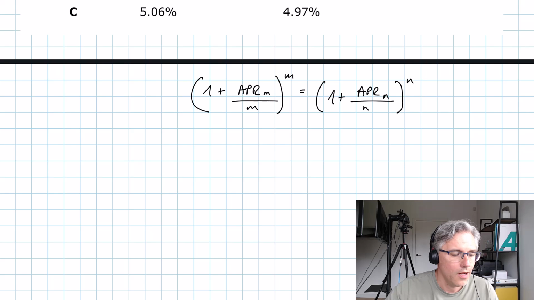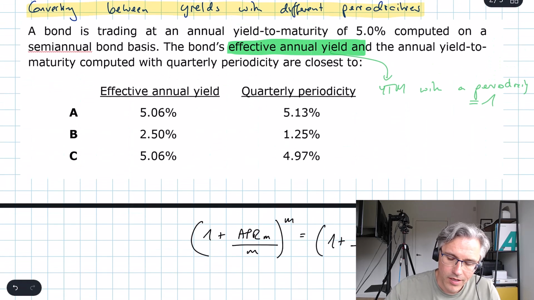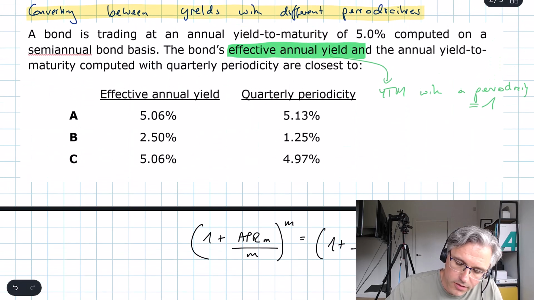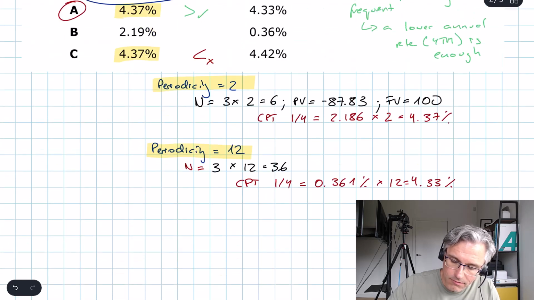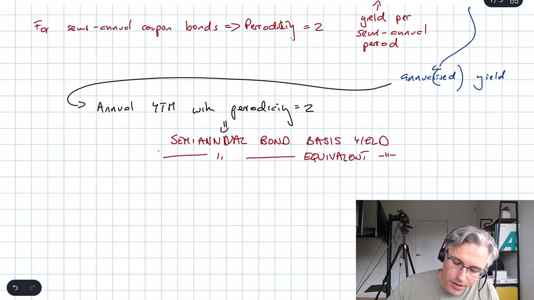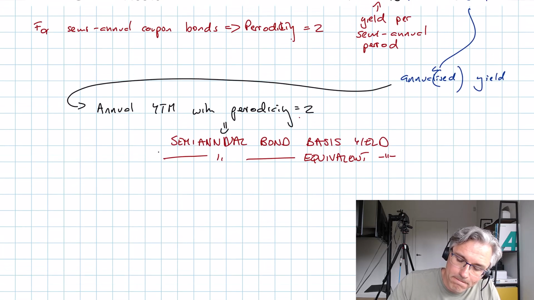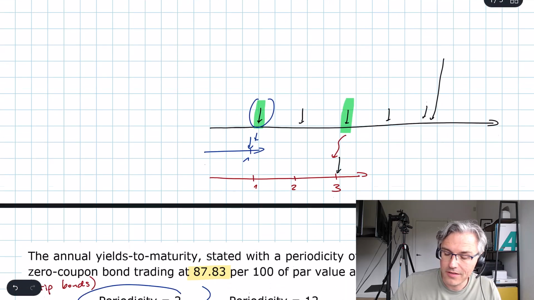So, if in the first part of the question we're asked the bond's effective annual yield, well, periodicity assumption should be 1. And we're also told that it's computed on a semi-annual bond basis. Remember, semi-annual bond basis, we wrote that down somewhere here. It means with an assumed periodicity of 2.